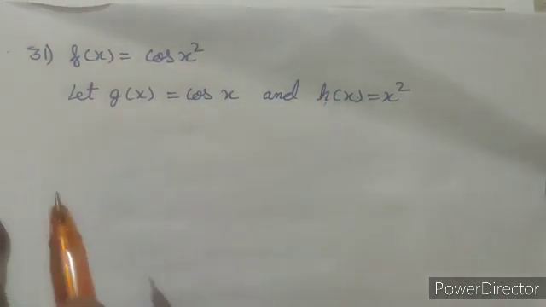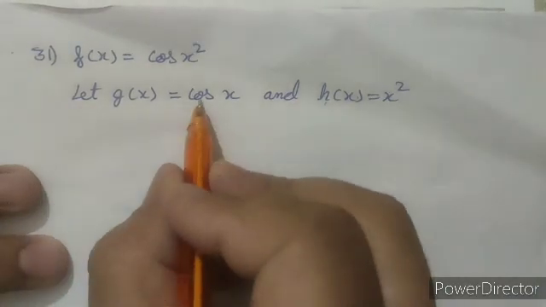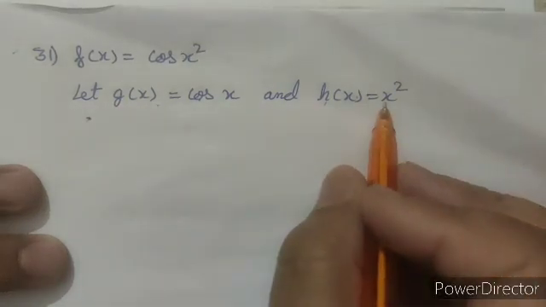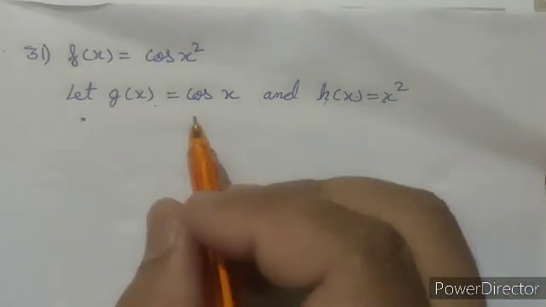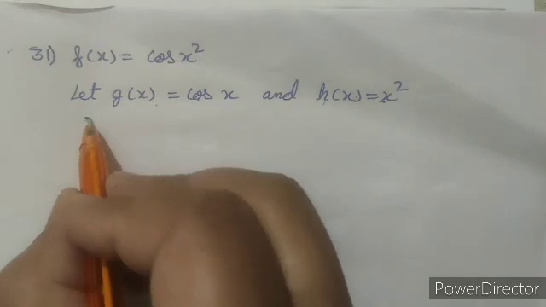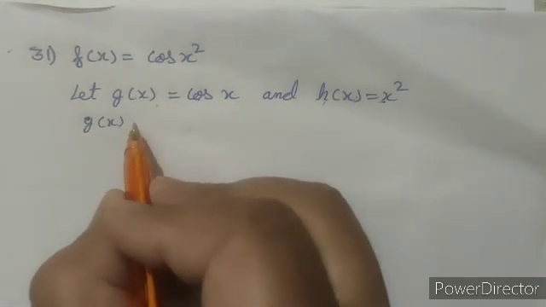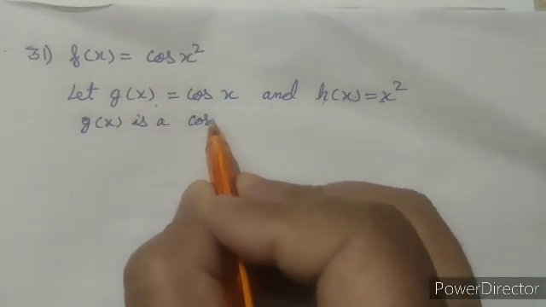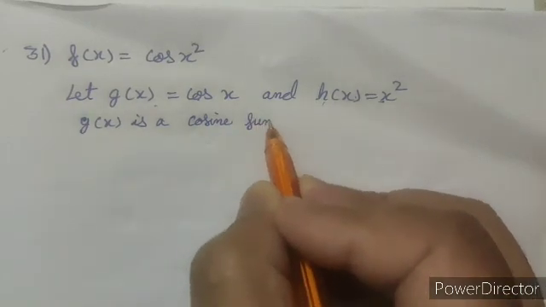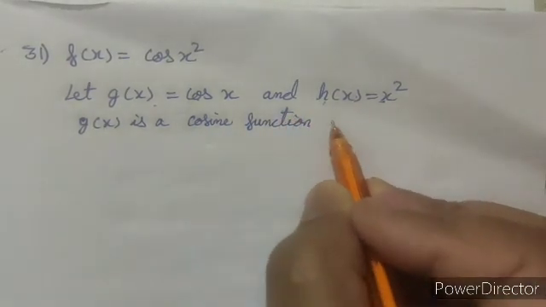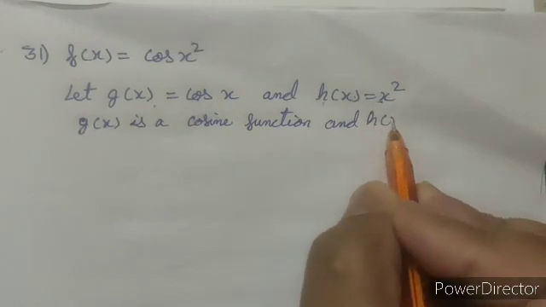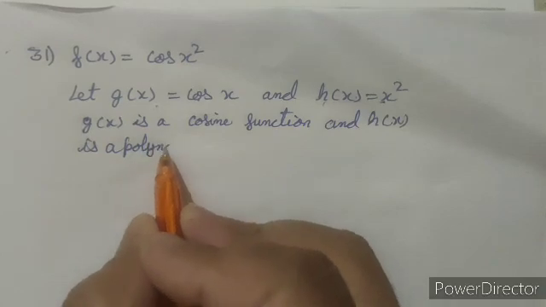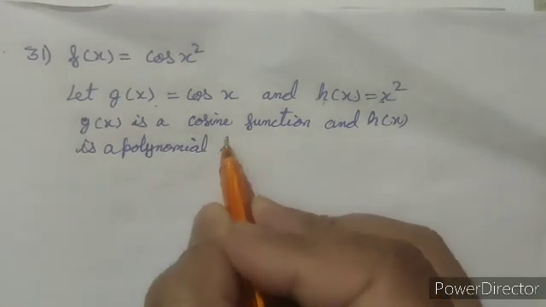As we know that a cosine function and a polynomial function is always continuous, so we can say that g(x) is a cosine function and h(x) is a polynomial function.